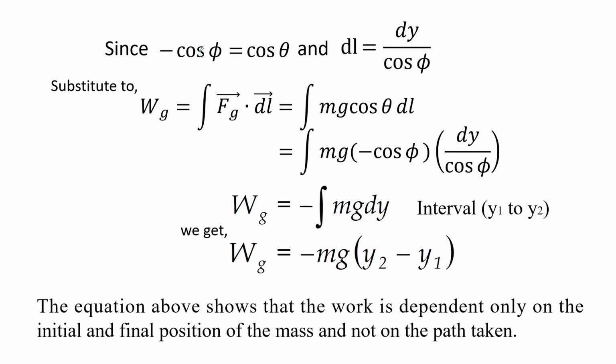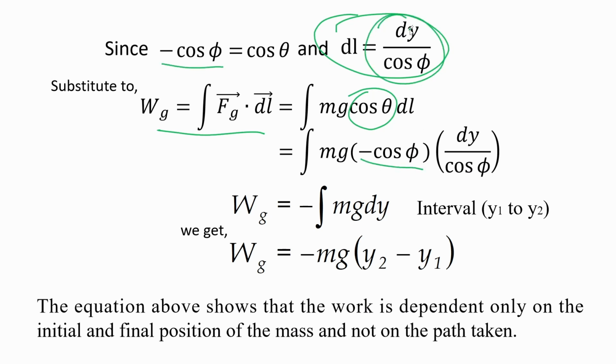Since cosine phi is equal to cosine theta and dl is dy over cosine phi, we go back to this expression here, mg cosine theta dl. So we can rewrite this as negative cosine phi and dl as cosine phi dy over cosine phi.